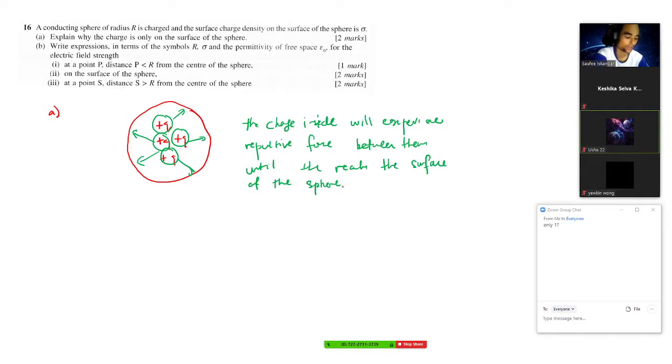That is the main idea, the main reason why there is no charge on the inside of the sphere, either it is hollow or solid.